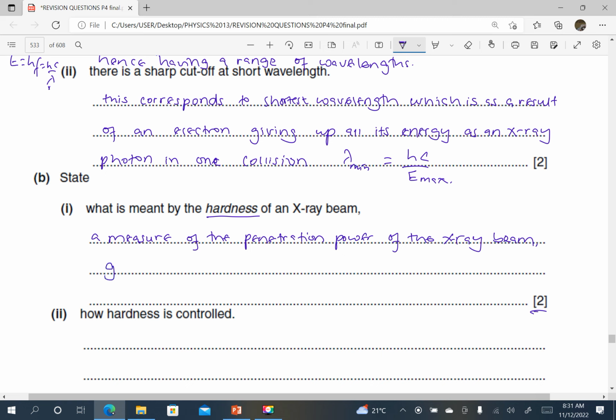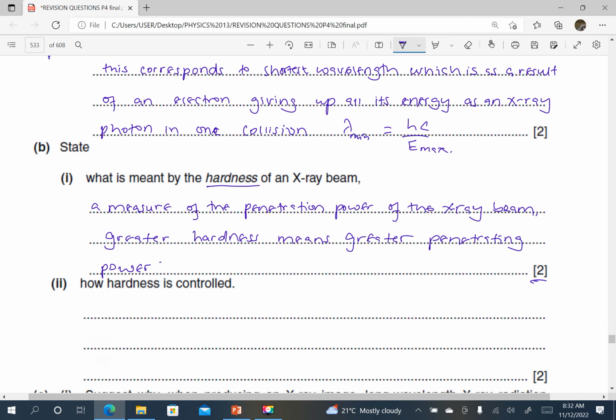So we can simply say greater hardness means greater penetrating power.